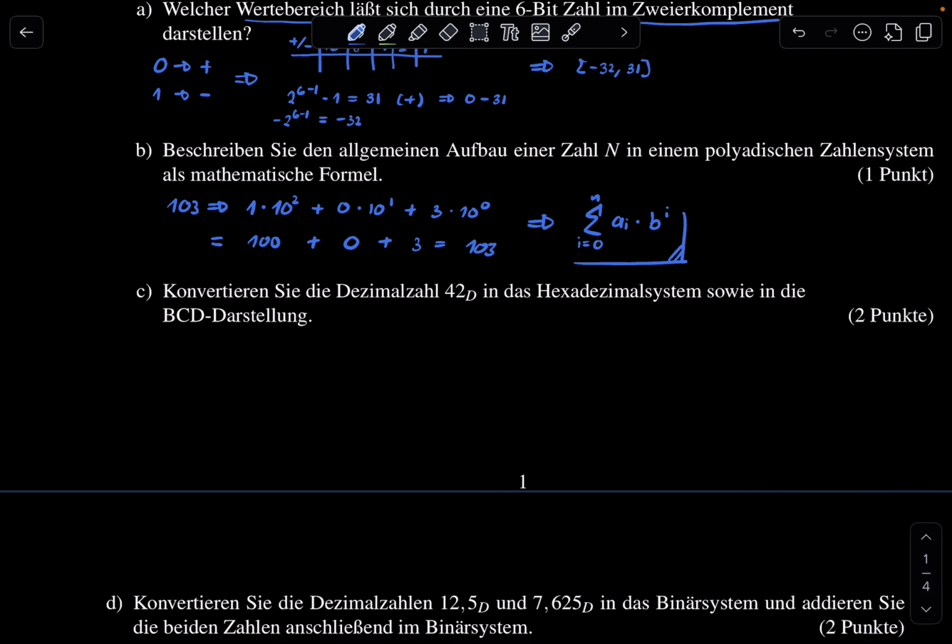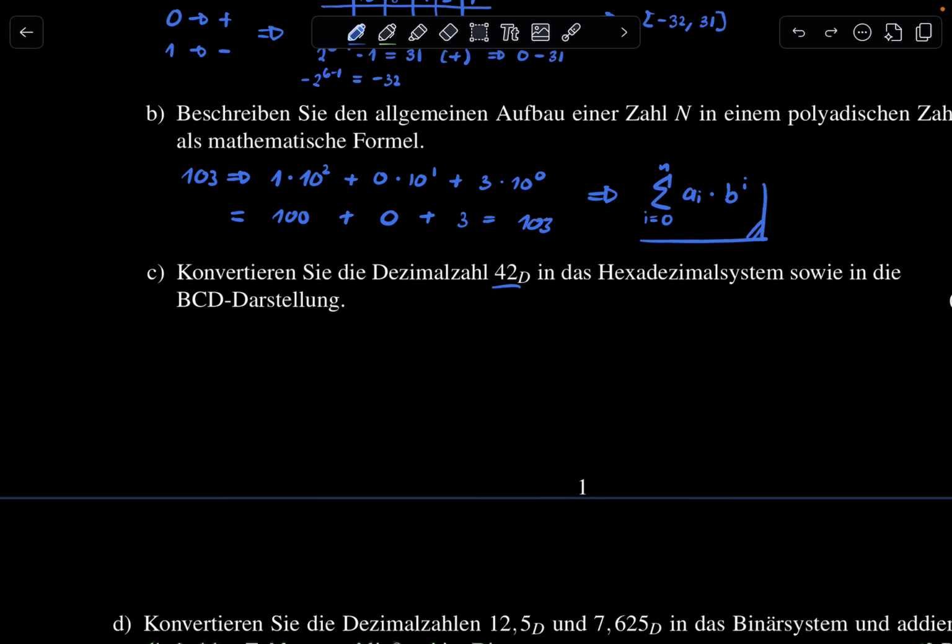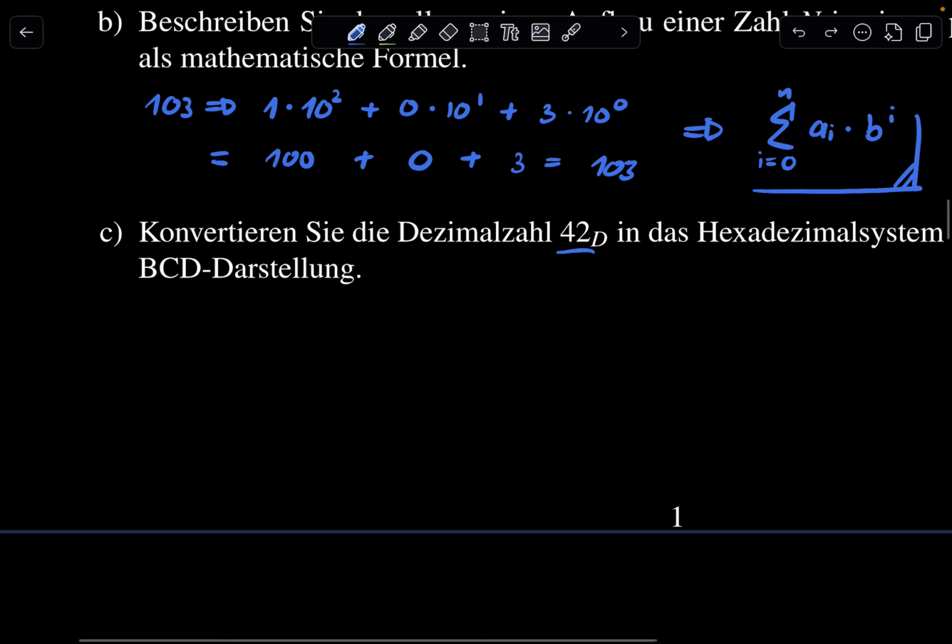We want to convert this number into hexadecimal, and we also want to convert it into BCD. So 42, we can always do it by dividing, but in this case I'm just gonna do the binary conversion, which is way quicker for me. So we do 1, 2, 4, 8, 16, and 32.